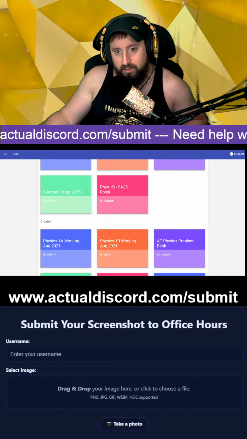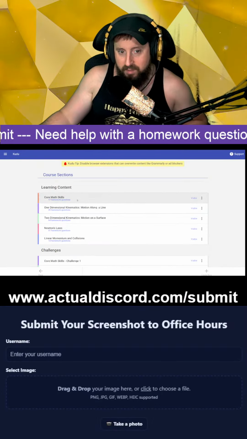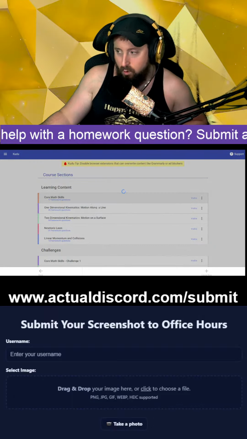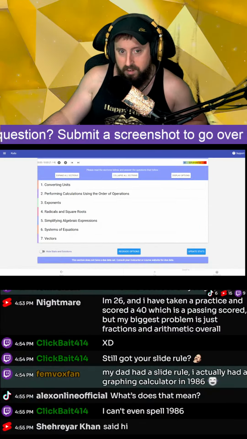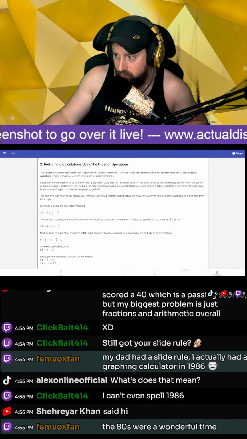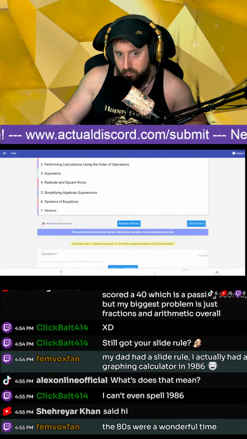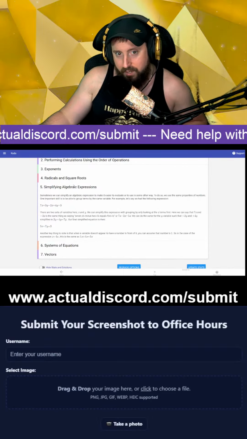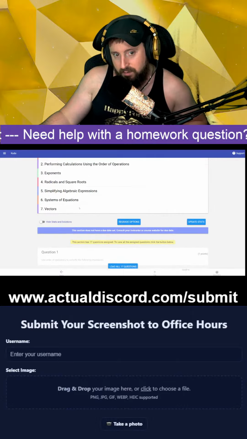We had a summer camp in 2025, and I wrote a lot of these chapters, like core math skills. It goes through, for instance, how do you convert units? How do you perform calculations using order of operations? How do you deal with exponents? How do you deal with radicals, square roots? How do you simplify algebraic stuff? Systems of equations.